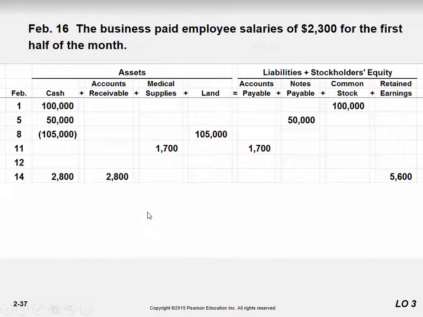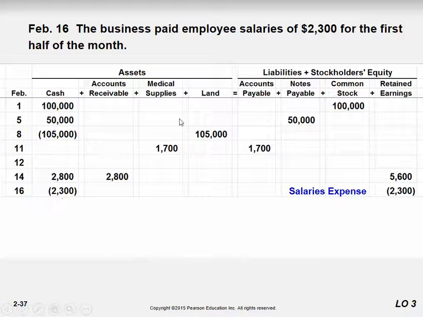The business paid employees salaries of $2,300 for the first half of the month. You'll notice that business paid means cash is going down. So cash is going down, and salary expense, in this case retained earnings, is going down. Salary expenses are going up, and the effect of expenses going up is that retained earnings comes down.